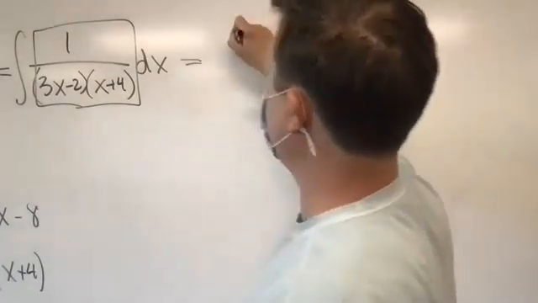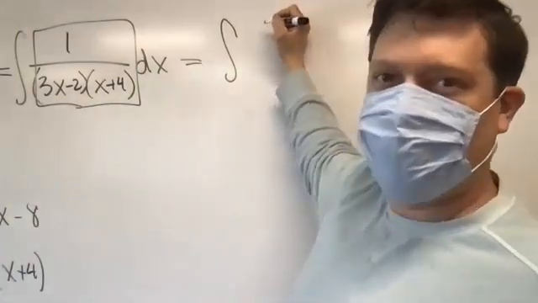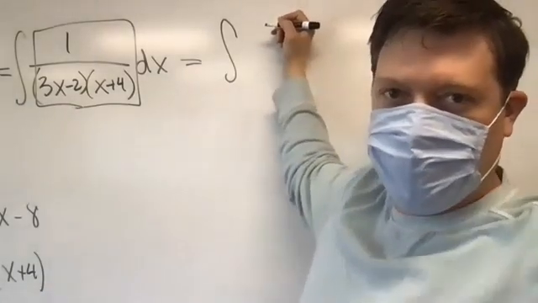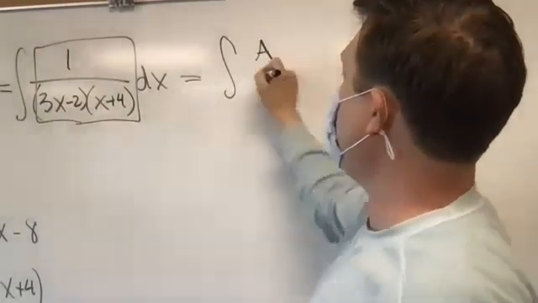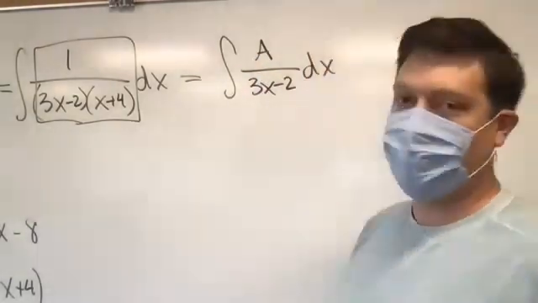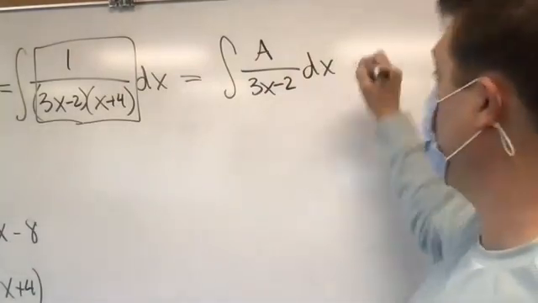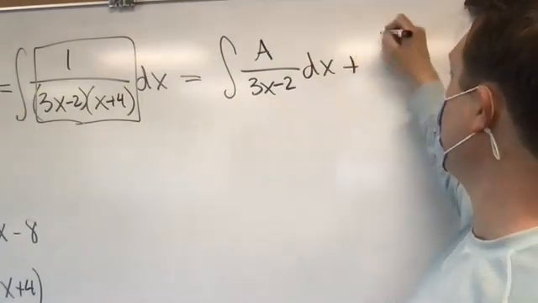We can write this as the integral of, I'm going to use a capital letter, because it's habit when I solve these problems. It's in your textbook, okay? A over 3x minus 2 dx plus, I don't know if it's plus, but I'm going to assume plus, and then the sign of the next letter will handle that.